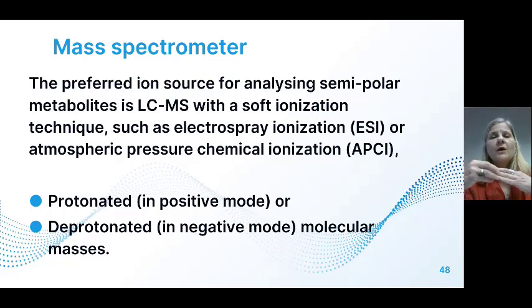Both of them are softer ionization techniques, which would actually not fragment your compound, but just give you the mass, the base peak, the big one. You can either run it in positive mode, which means your compounds would be protonated, or in negative mode, which will show you that you have deprotonated your compounds.